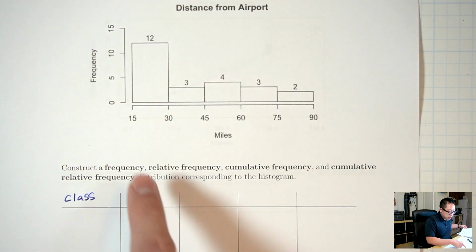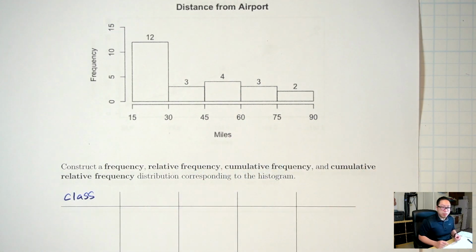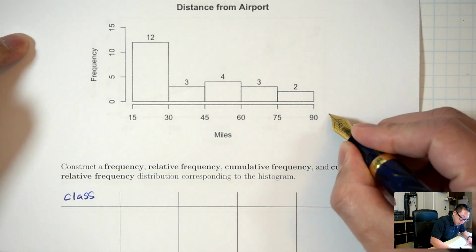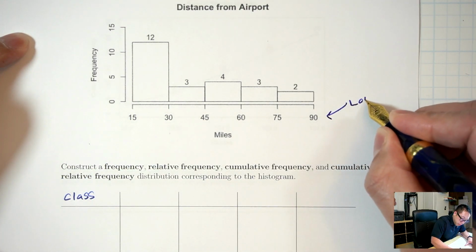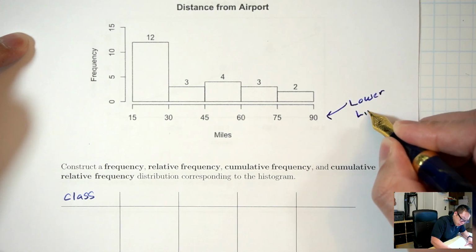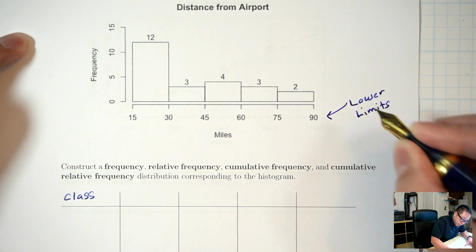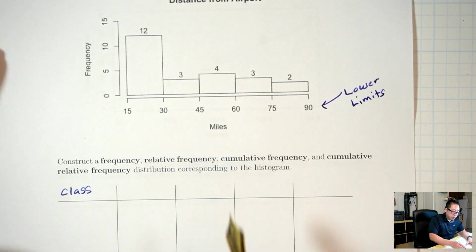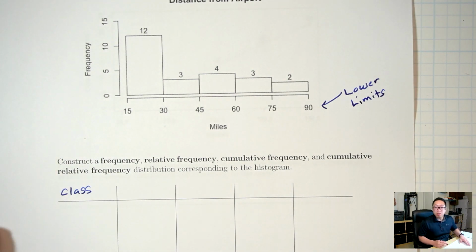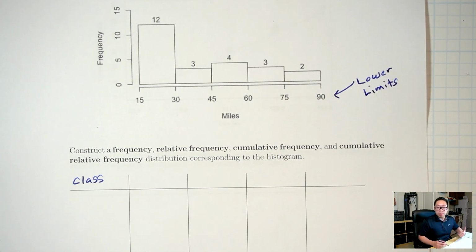In other words, these numbers are the lower numbers of my ranges. So these numbers here are my lowers, which means 15, 30, 45, 60, 75, and 90 are the low number of each of my ranges.